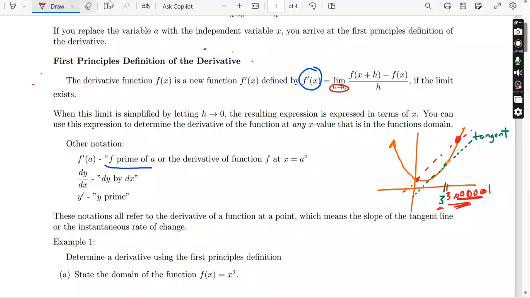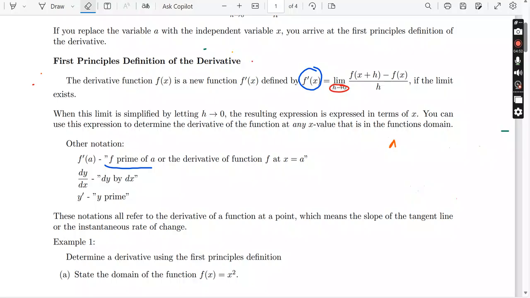Okay, so if I were to draw that again, if I wanted to find the rate of change at x, let's say, I don't know, let's make up a number. Let's just say 3 again, okay?